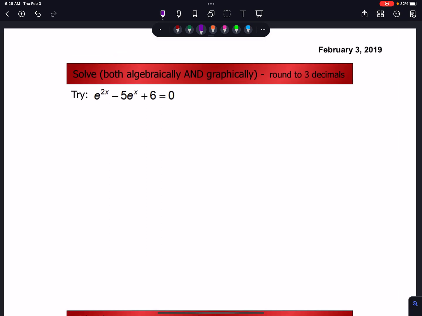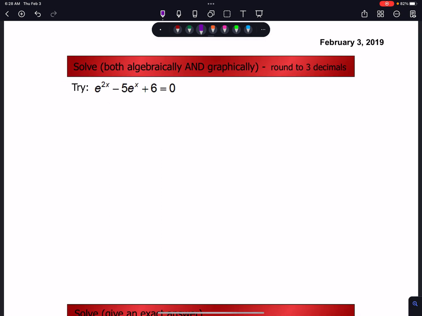Okay, here's one for you to try, both algebraically and graphically. Go ahead and press pause, and then I will reveal the answer along with the work. Okay, welcome back.